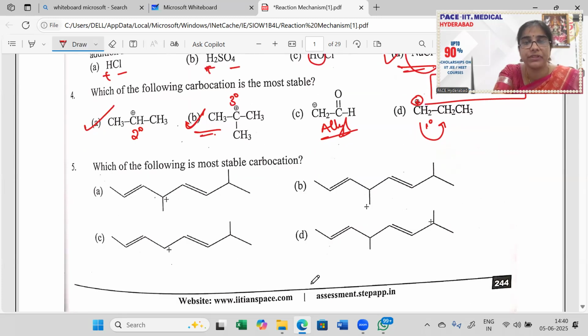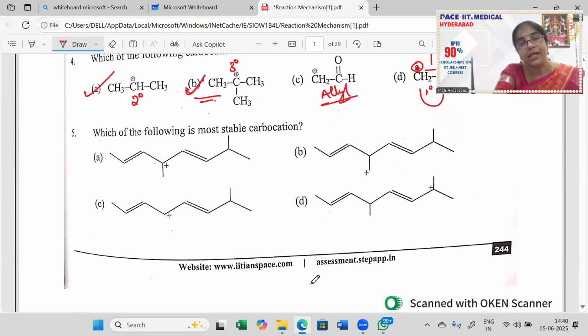Next, moving on to question number 5. Which of the following is the most stable carbocation? Wherever the cationic part or positive charge is, just identify that. This dot which I am showing is a 3 degree, here this dot is 1 degree, here this dot is 3 degree, and here this dot is 2 degree.